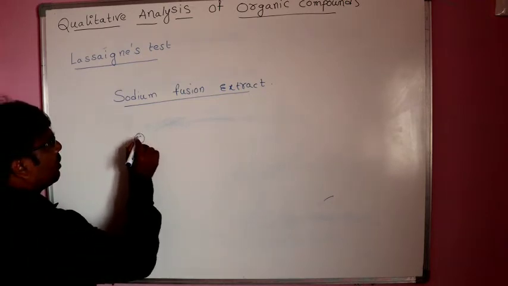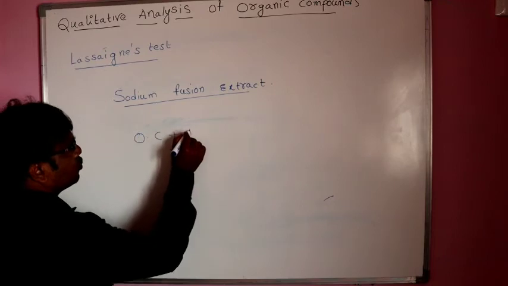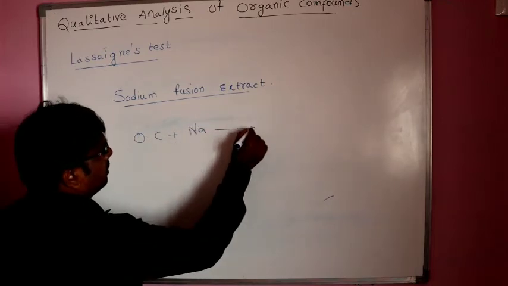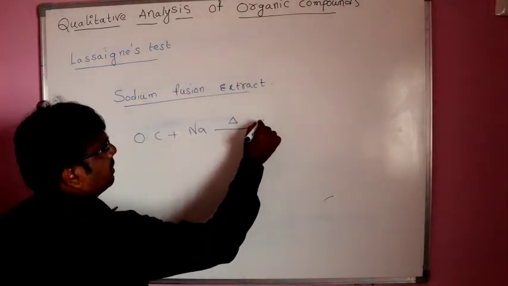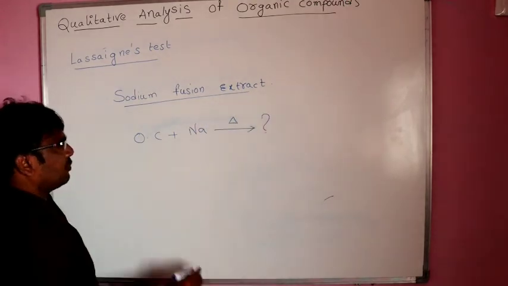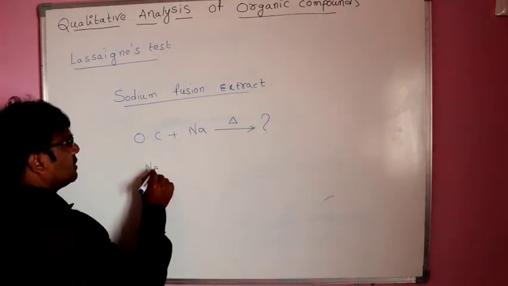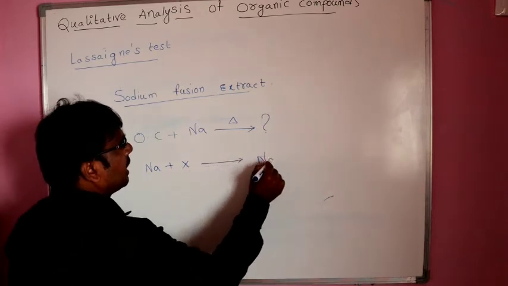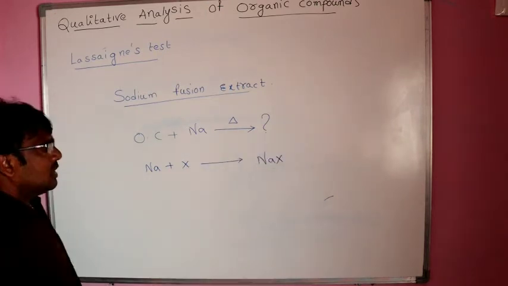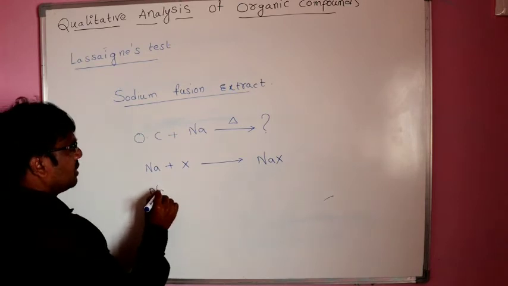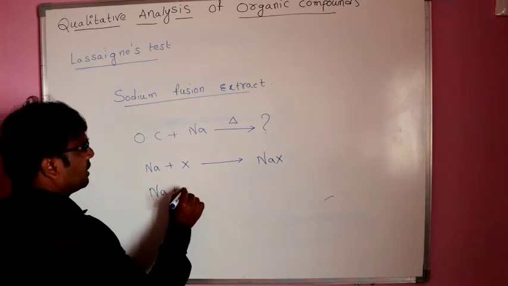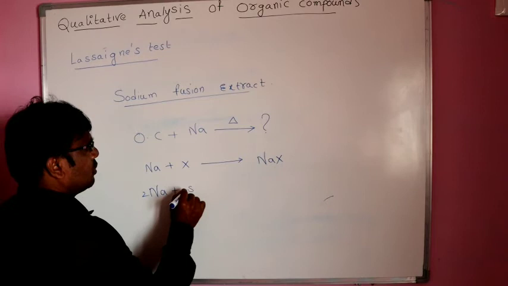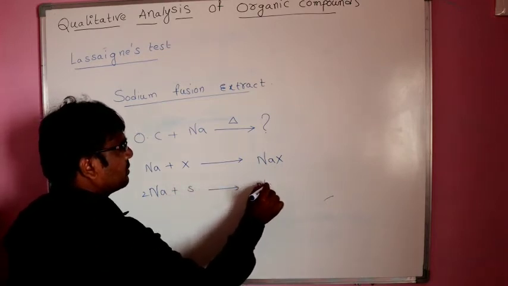When an organic compound is heated with sodium metal, then what happens? Halogens present in the organic compound are converted into sodium halides. Sulfur present in the organic compound is converted into sodium sulfide.